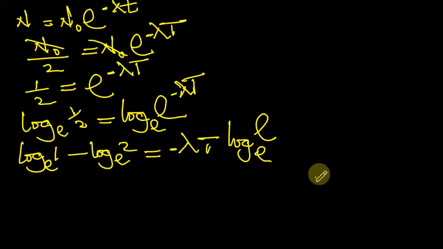Now logarithm of e to base e is like you have the logarithm of a number to the same base, and the logarithm of a number to the same base is 1.